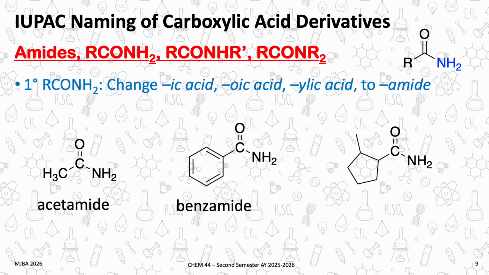Therefore, this is position 2. So it has a 2-methyl substituent. So the full name would be 2-methyl cyclopentane carboxylic acid. If it is carboxylic acid, drop the -ylic acid, change to amide. So 2-methyl cyclopentane carboxamide.